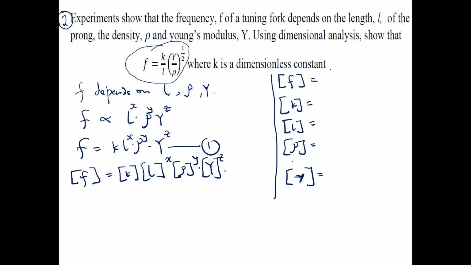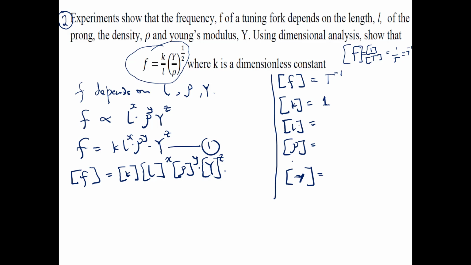Okay, so remember that frequency is got from the formula f is equal to 1 over capital T, where capital T is the periodic time. So the dimension of frequency is equal to 1 over the dimension of T, which is the same as T power negative 1. Then k is a constant, its dimension is 1.